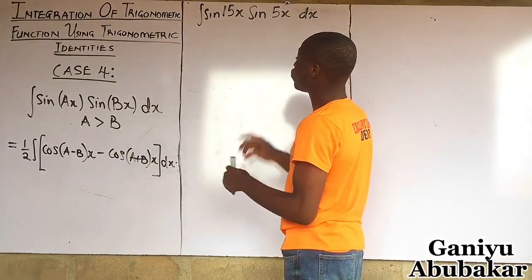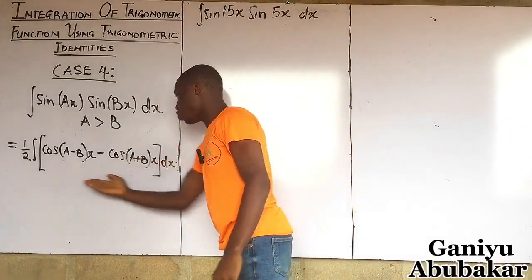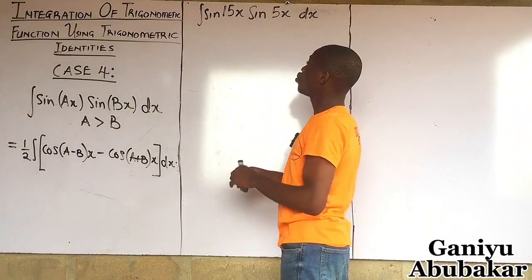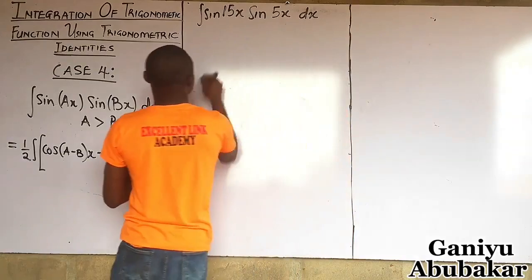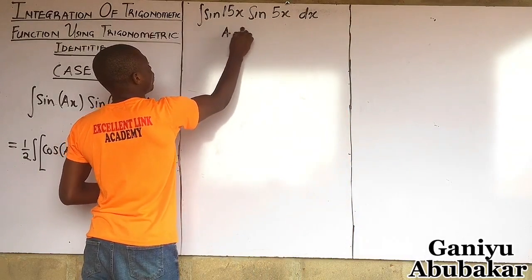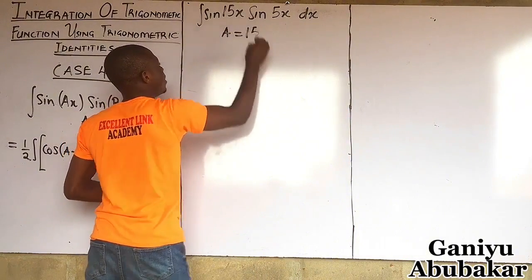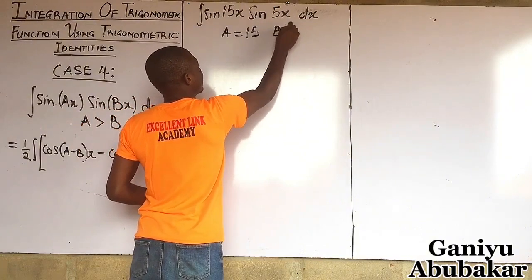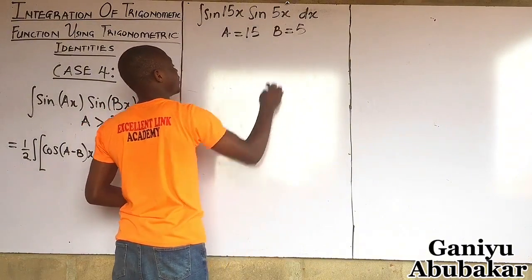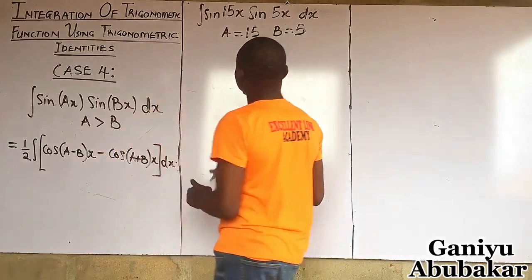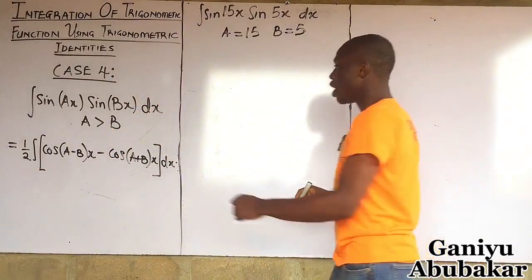So how do I express this one? I'll use the same mathematical expression. Let's get a and b. a is 15, and b is 5 at this point. All right, let's express this mathematically.